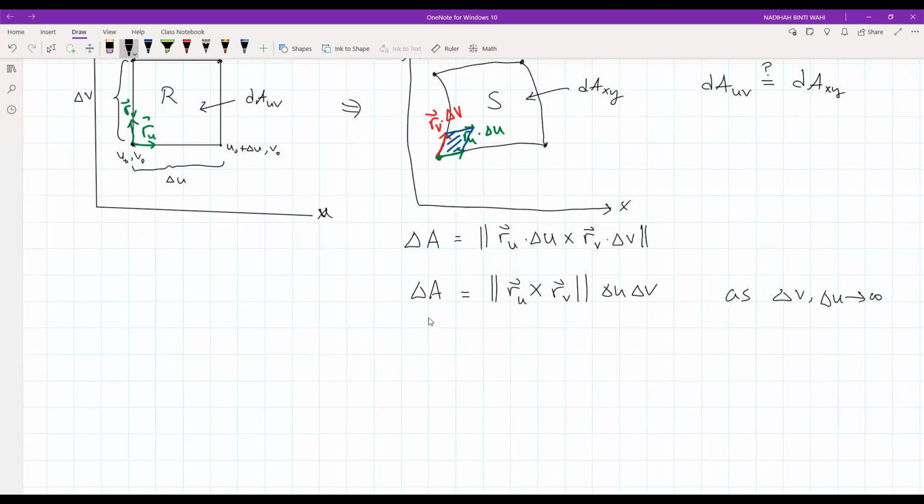The concept of limit is that dA is just R of U cross R of V times du dv.